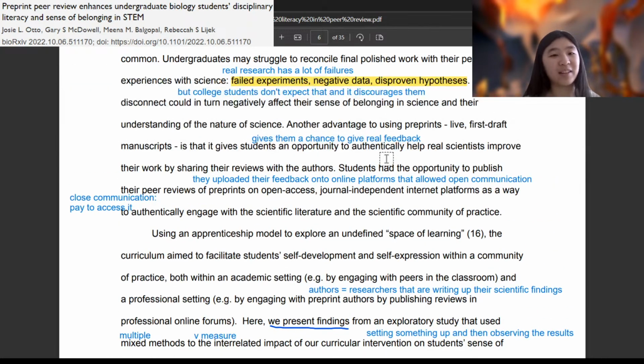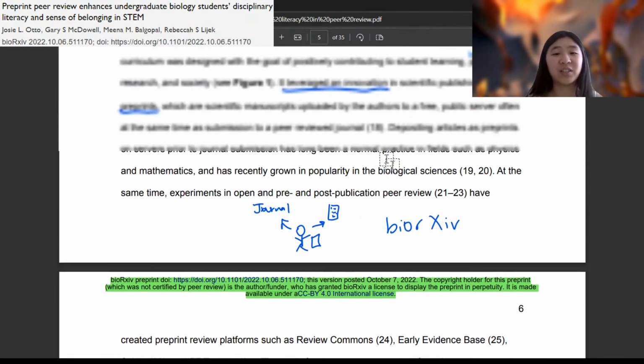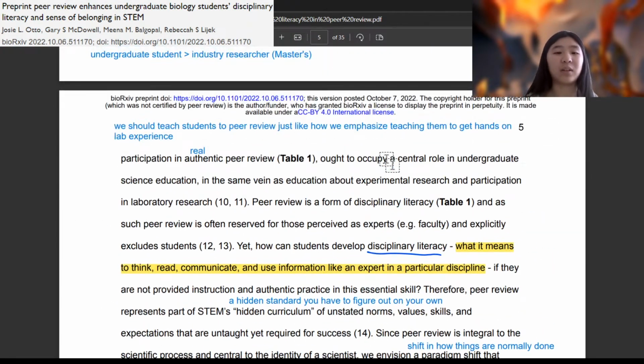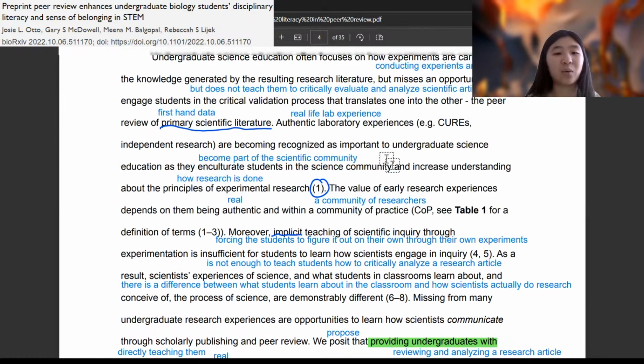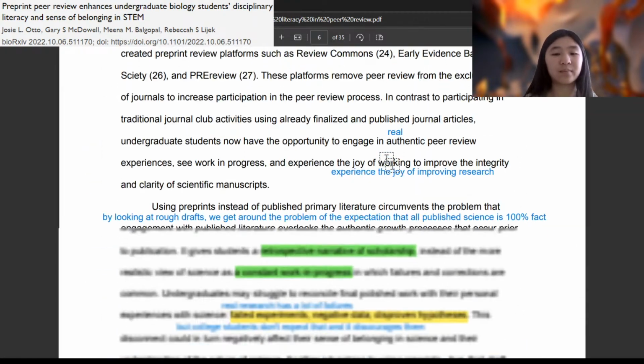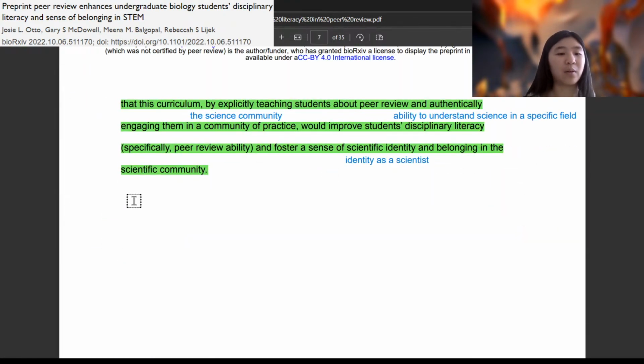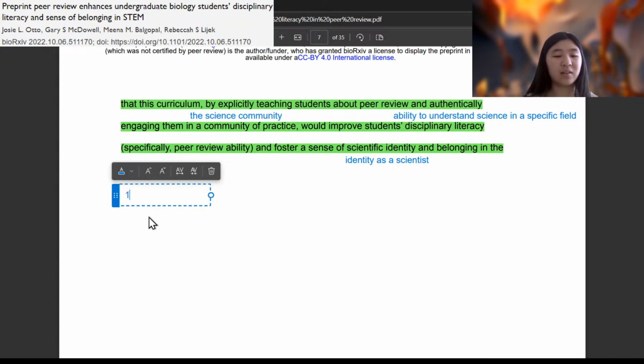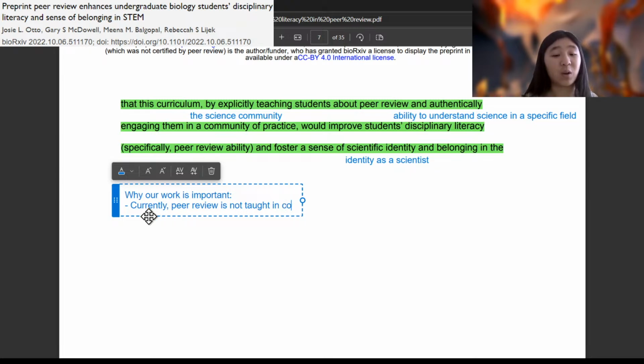Alrighty. So that is it for all of the background information on what this article is hoping to achieve and why they believe it's important. So if I were to summarize it, they're basically saying why our work is important. Right now, or currently, peer review is not taught in college, but students are expected to figure it out on their own.